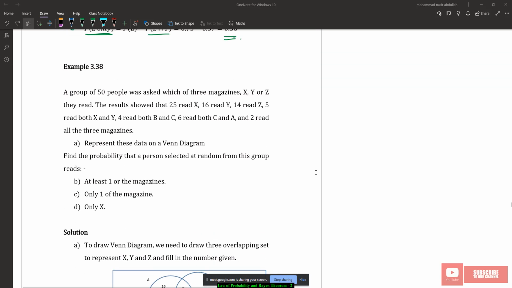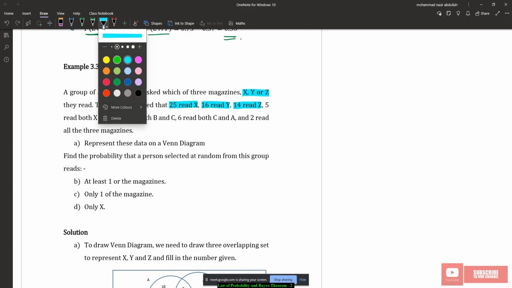So let's look at example number 3.38, right? So a group of 50 people was asked which of three magazines, X, Y, Z, they read. The result shows that 25 read X, 16 read Y, and 14 read Z, right? So kita ada information ni.